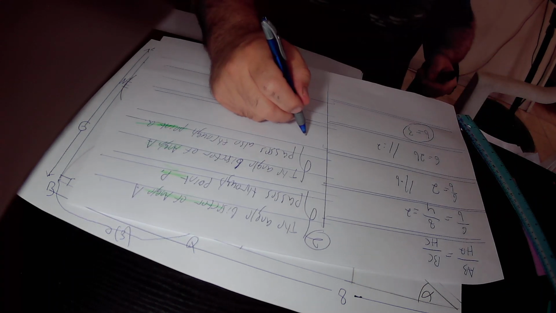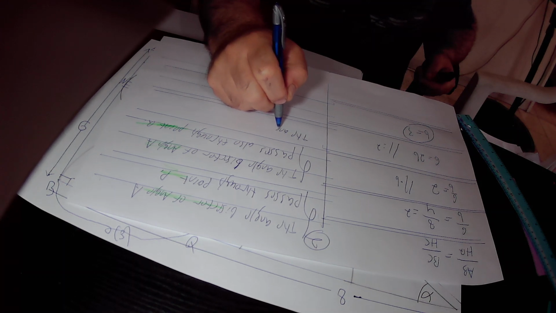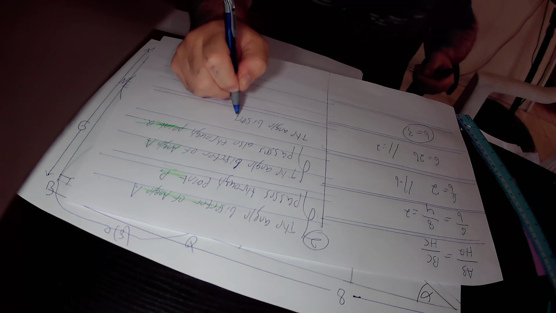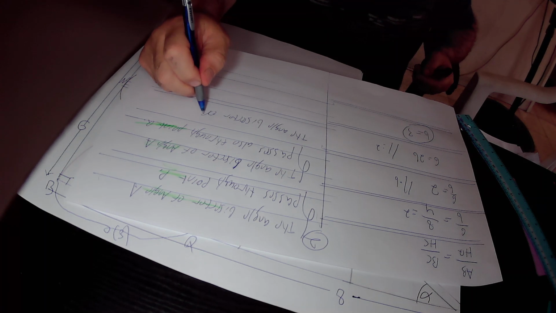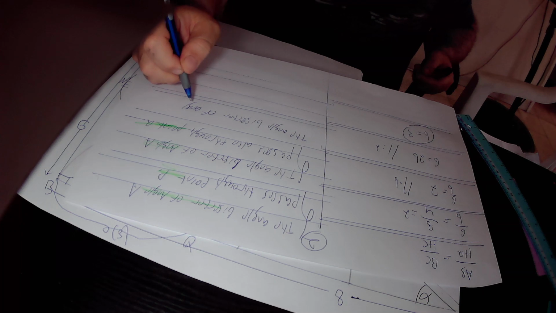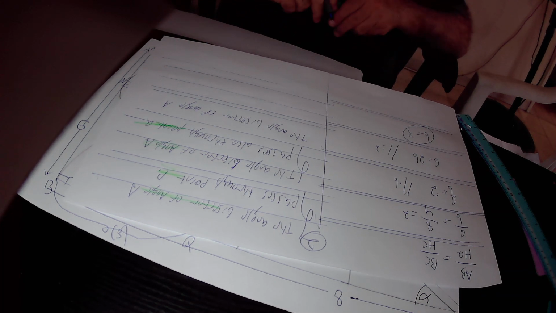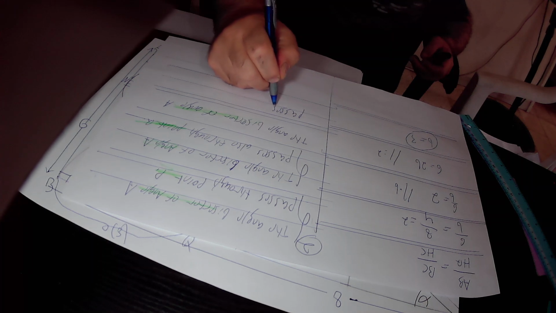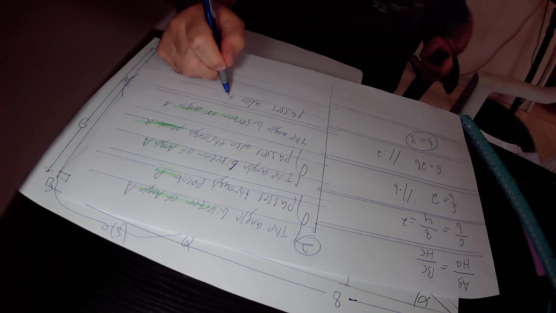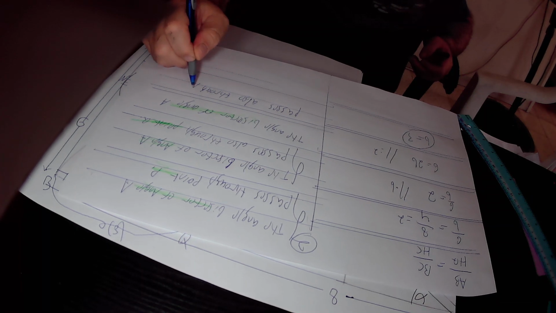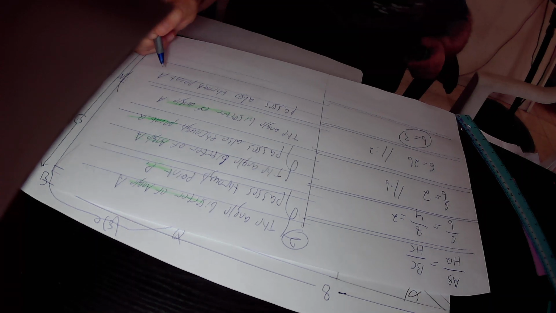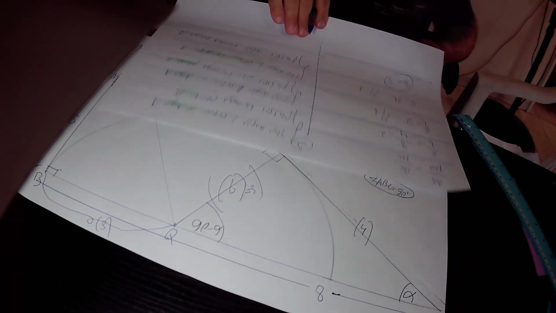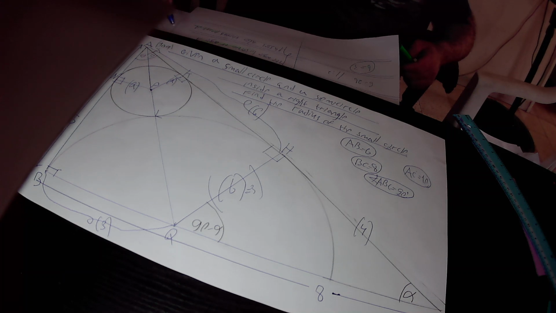The angle bisector of the same angle, angle A, passes also through point A. Again, the angle bisector of this angle A passes through point A, of course.